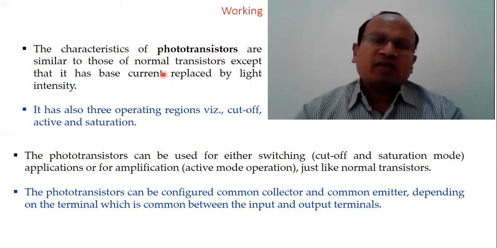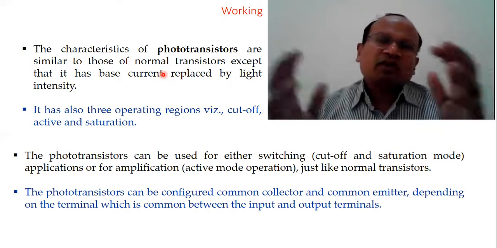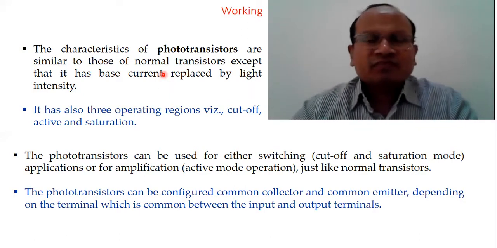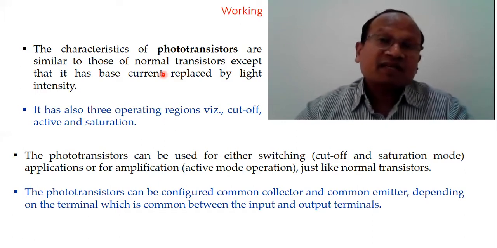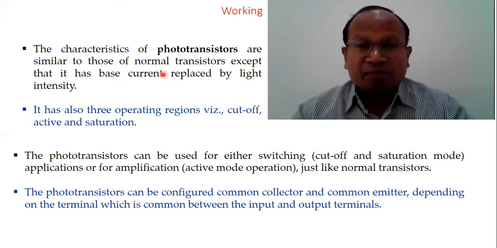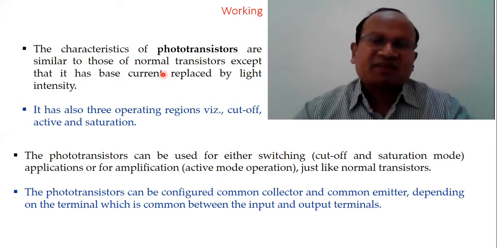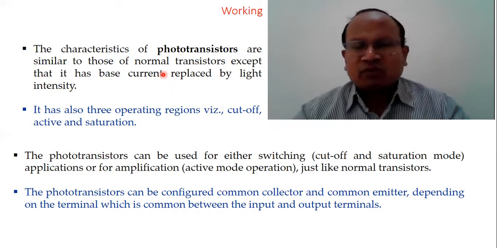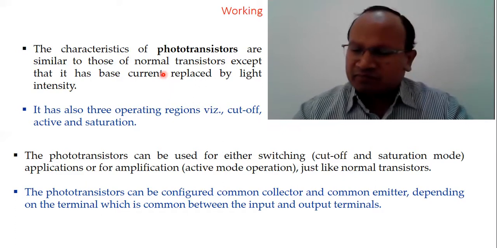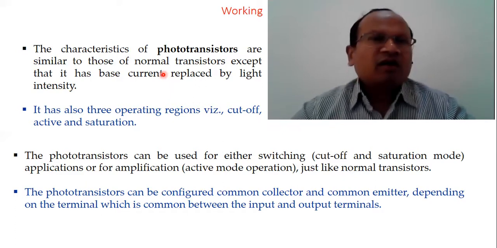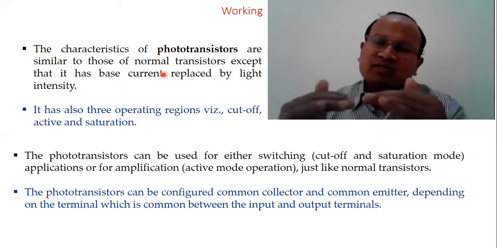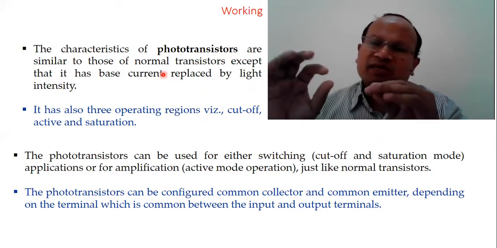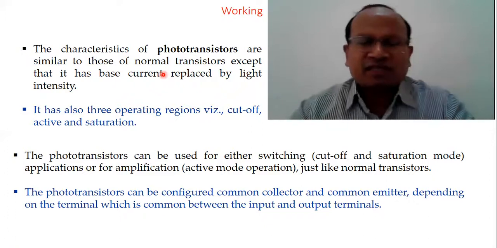And in the common emitter amplifier, when you plot the output characteristic, it is the plot of IC versus VCE. The same plot will be there in the phototransistor, except that in the output characteristic of an ordinary transistor, for a fixed value of IB, we plot IC versus VCE.